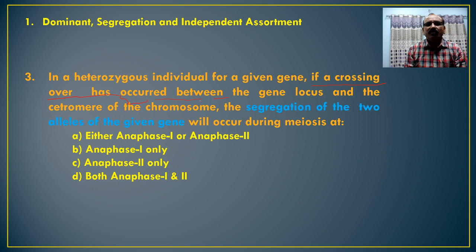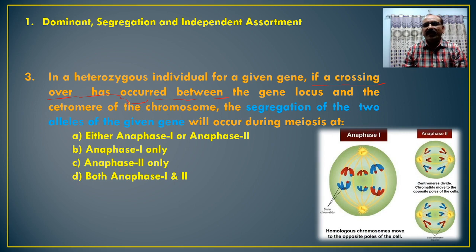When a crossing over occurs, the separation of the genes is not carried out in anaphase 1. So remember this. Because of the crossing over, we find in this diagram the results which are formed by the crossing over, and hence we can consider that these genes remain together even after anaphase 1.